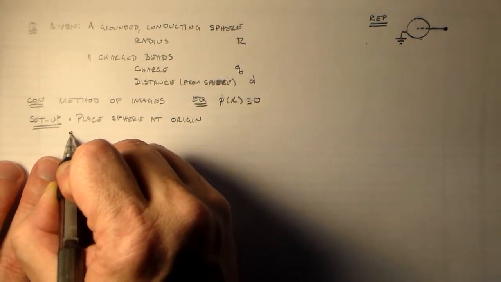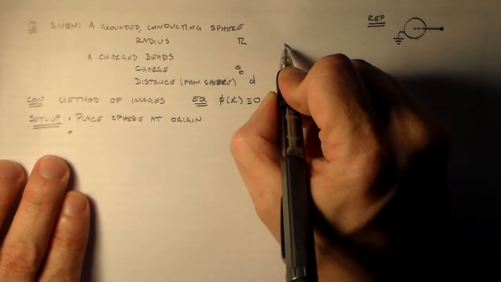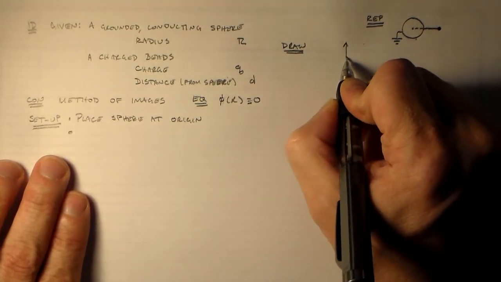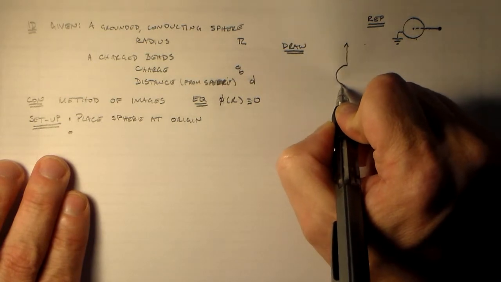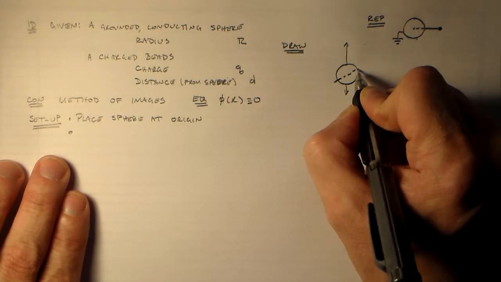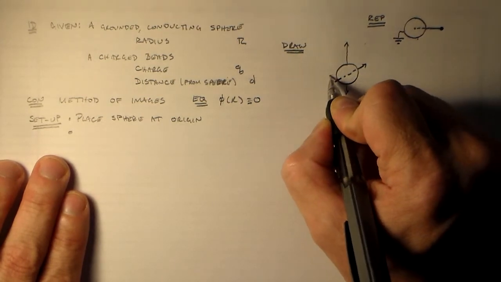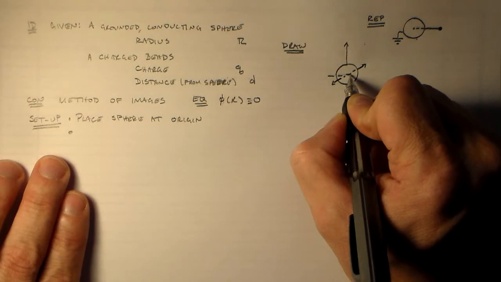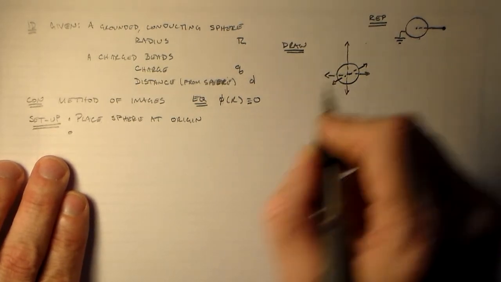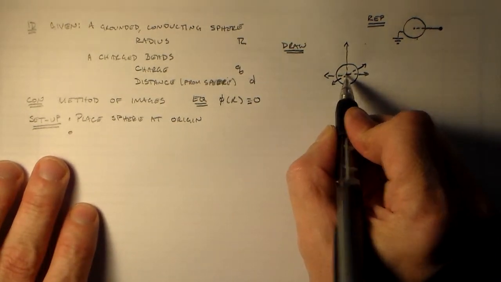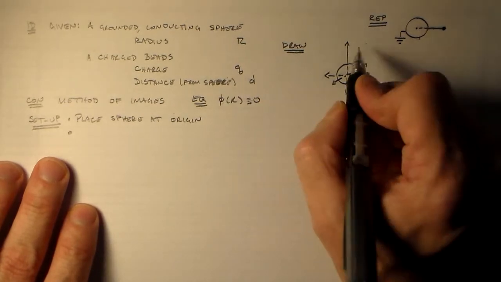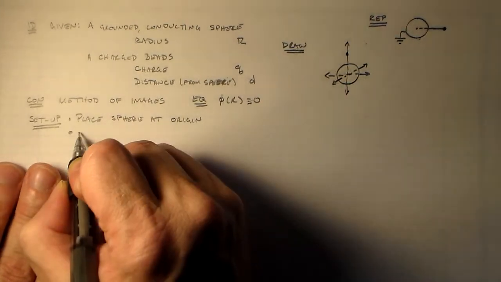Okay, if we do our drawing up here, we have our sphere over here at the origin. I should have said I placed the center of the sphere at the origin. And then we want to put this charged particle, this charged bead, somewhere. We'll put it right up here on the z-axis.